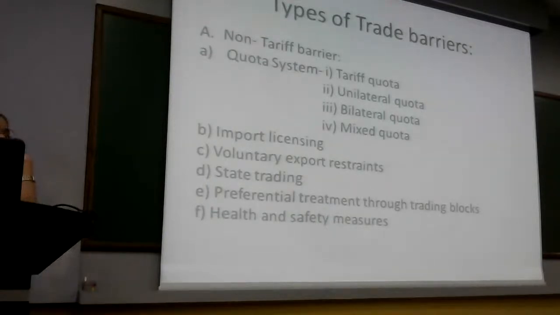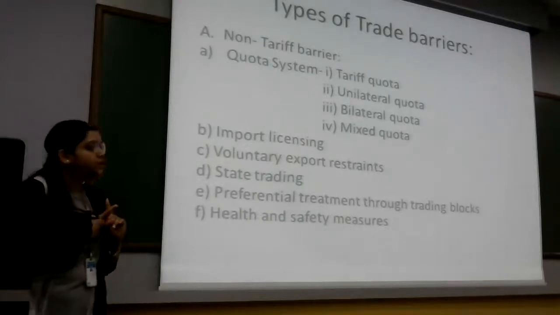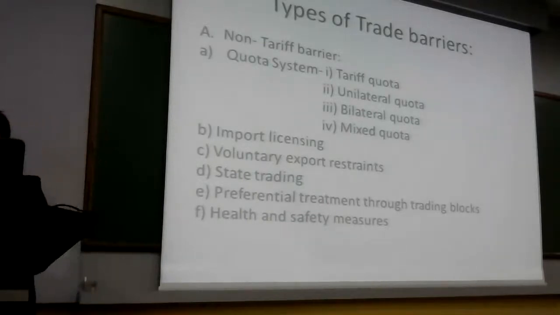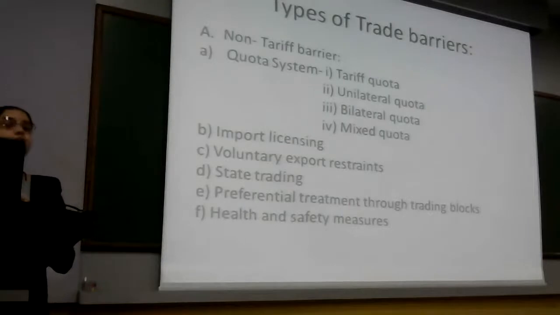Now, import licensing is nothing but you have to get a license from the proper authority in order to import goods and services from a foreign country. You have to take the license from your country. Understand? You cannot take the license from the country where you are importing. You have to take the license from your country.